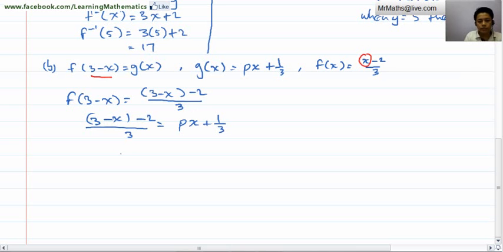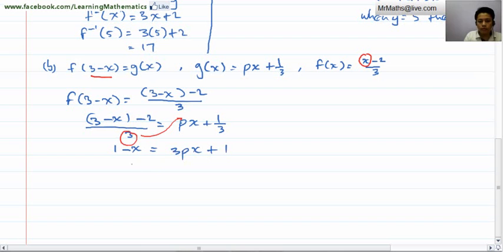Alright then, so let's solve the one above first. This means 3 minus 2 is 1, over x, is equal to, let's move the 3 to the other side, 3px plus 1.